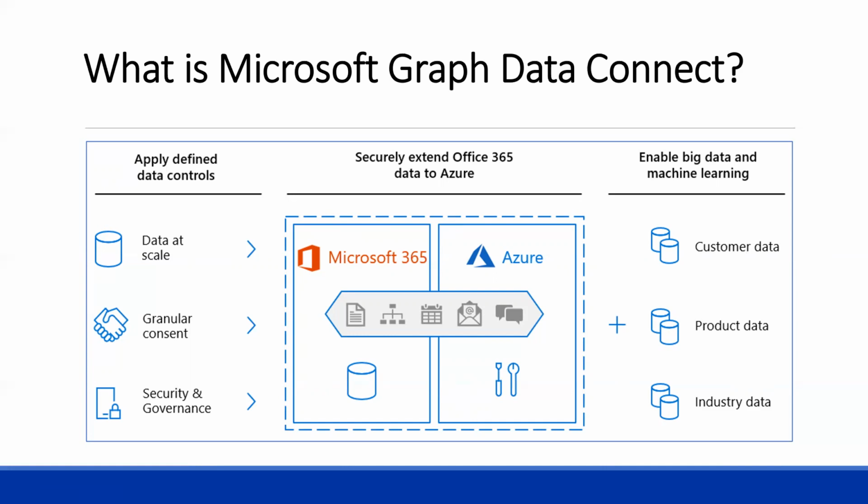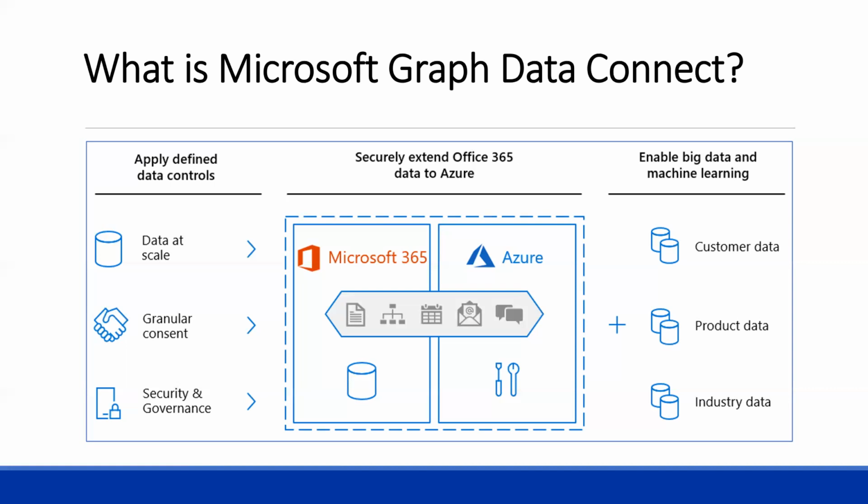When you're using Microsoft Graph Data Connect, you're not going to be subject to throttling. There will not be any throttling on the request when you're pulling the data. So the advantage is that you can extract a large amount of data out of Microsoft 365 without hitting the throttling limit. Now you will ask me, what about the security?